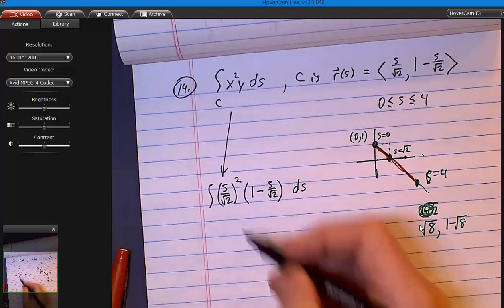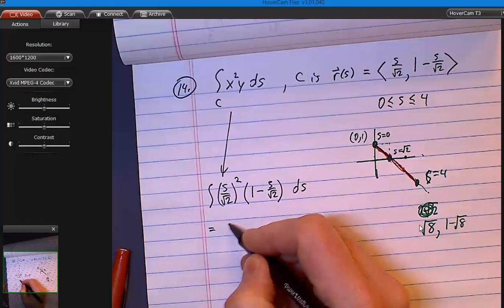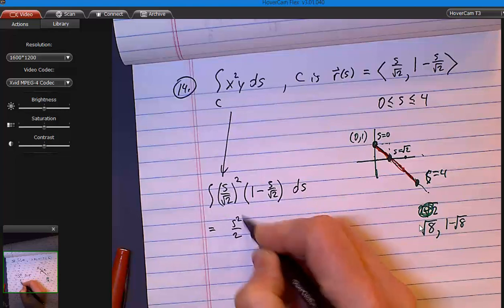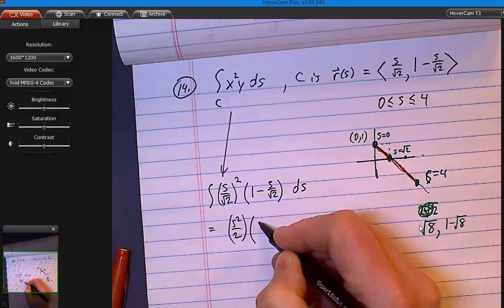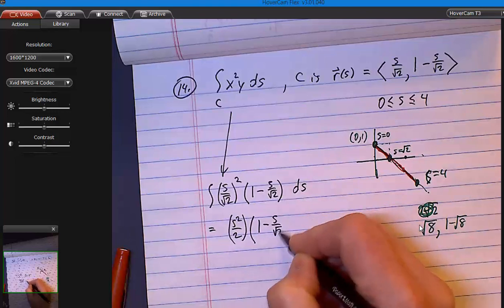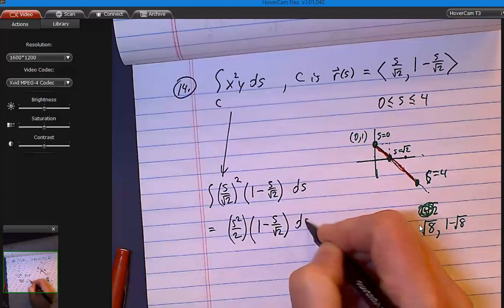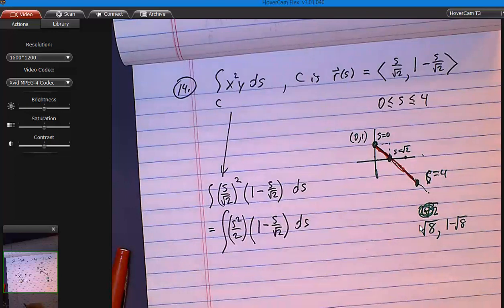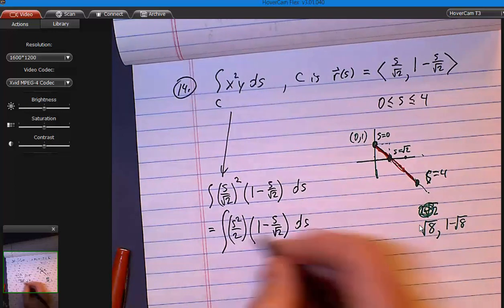I'll square this. I got to simplify a little bit. So I get s squared over 2 times 1 minus s over square root of 2, ds. You might not like my s's look like 5s. Oh well. So let's see.